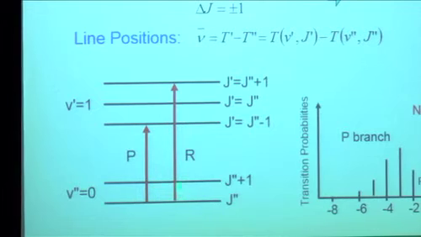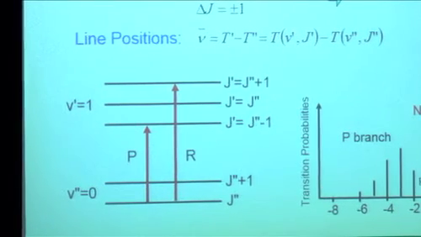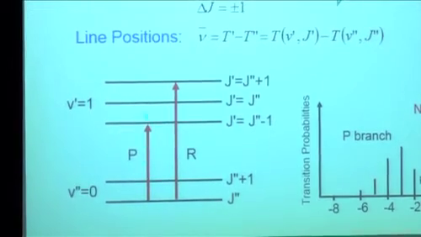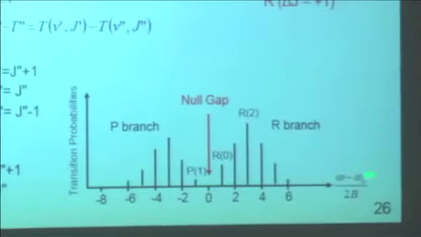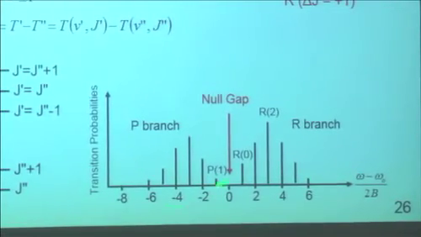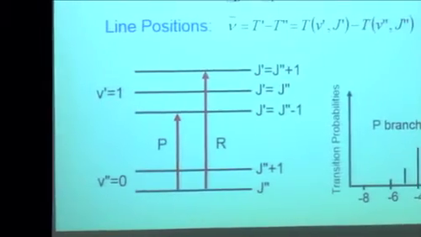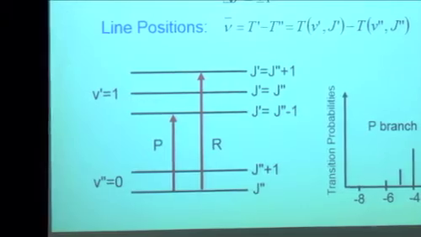You can go here or you can go here. Two solutions. This one is shorter than this one. Usually these units are in energy to the right. The R is always bigger. Delta J of R is delta J plus 1. So the R branch is always on the high energy side of the null gap. Always.